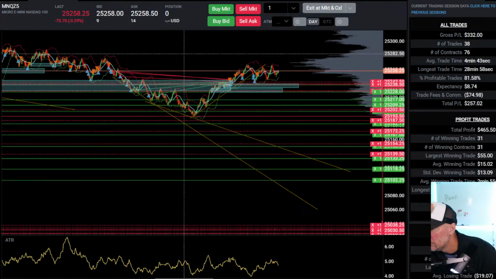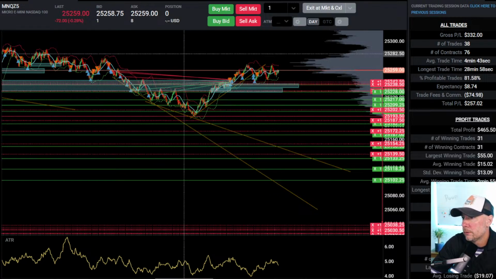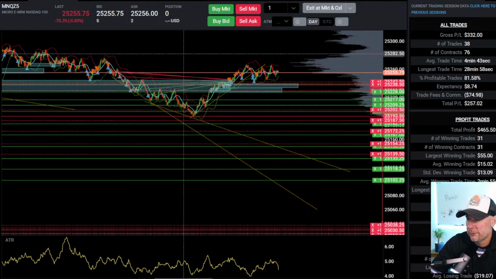Okay, 25,149 is my next AOS. There's definitely a bunch of them on the way down, which is great. That means we got a lot of spots for a bounce, like for a quick scalp, as opposed to just a straight up market where it leaves no areas of support.